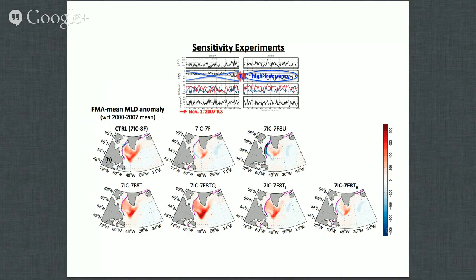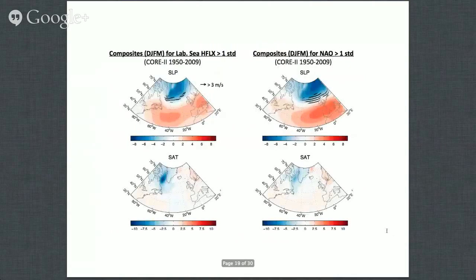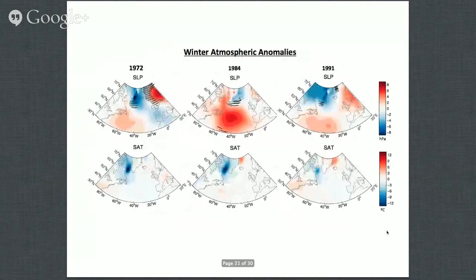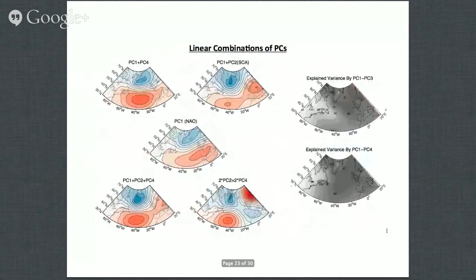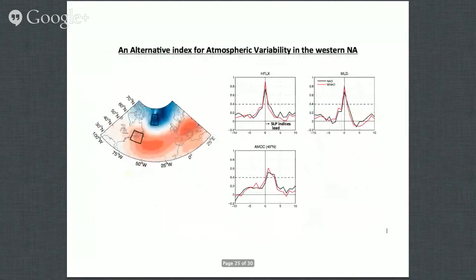I don't have a question, but I have just a comment. This is with respect to the last part, the ENSO versus the PC4. As you pointed out last week in my presentation about Labrador Sea heat flux response, I did some similar composite analysis.